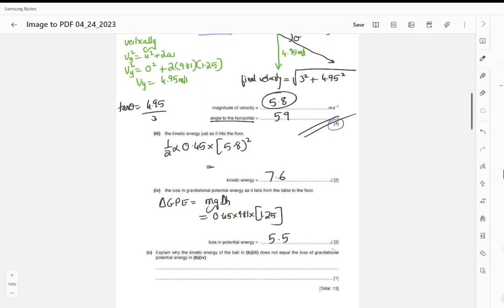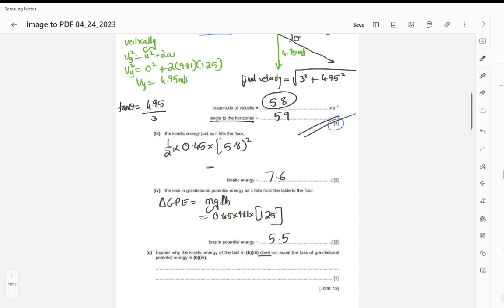Now there is a problem. This is not a problem, it's a fact. The loss in potential energy is actually less than the kinetic energy. Normally, the loss in GPE is greater than the kinetic energy. But you are not realizing that there is a horizontal component of velocity which is contributing to the final kinetic energy.